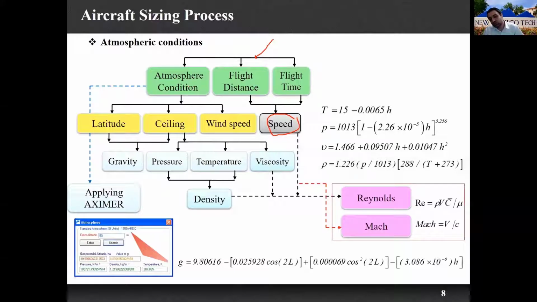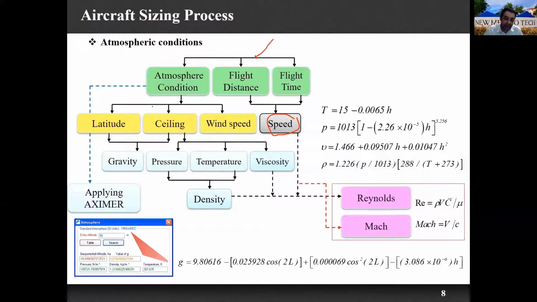We also need to determine our atmospheric conditions, including the latitude, the altitude, the wind speed, the gravity, the pressure, temperature, viscosity, and the density of the flow. These are all related to the flight environment where we are going to perform a flight.